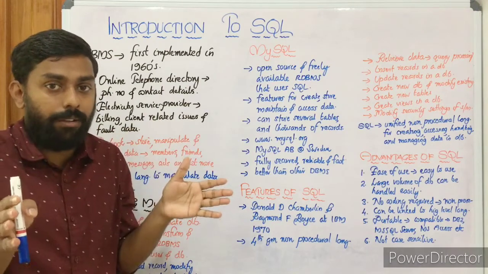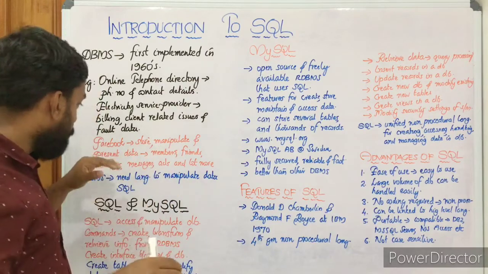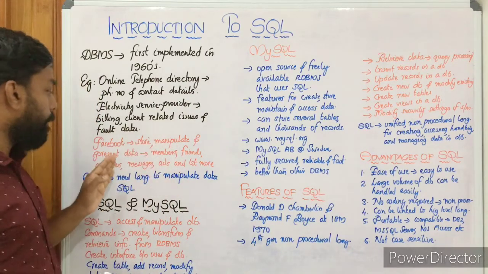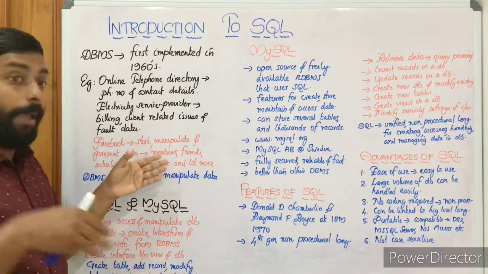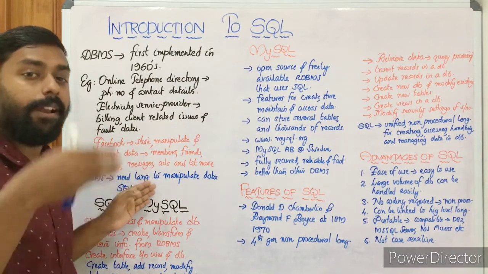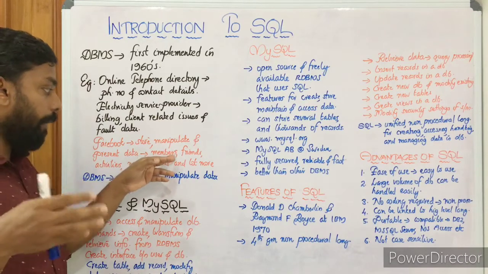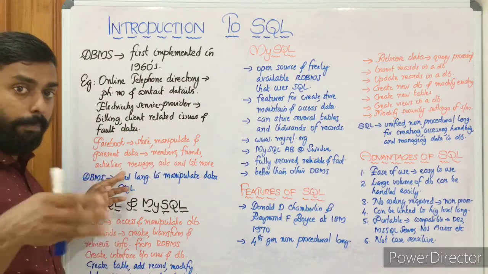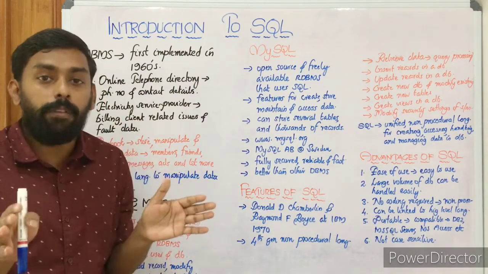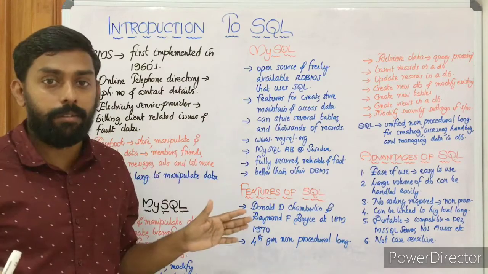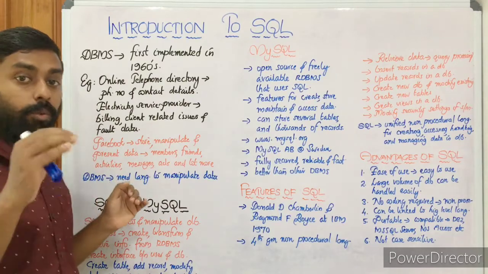Facebook stores, manipulates and presents data to the user, like member data, friends data, member activities, messages, ads, and a lot more. Whatever we are doing with Facebook will be stored in its database.